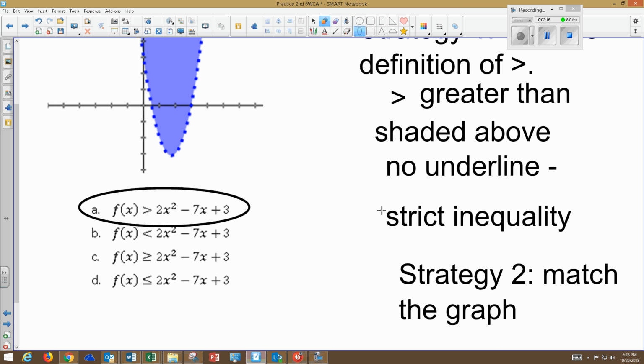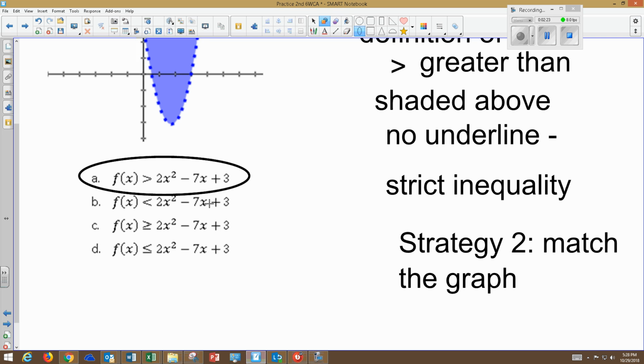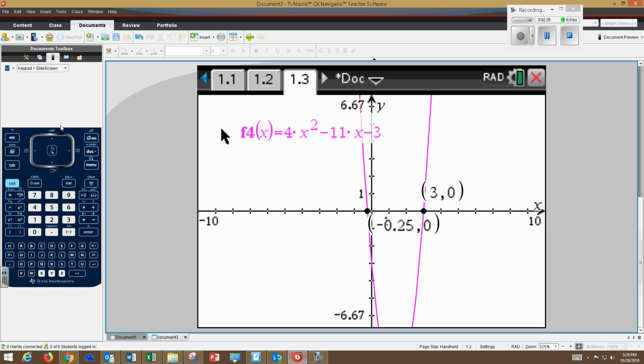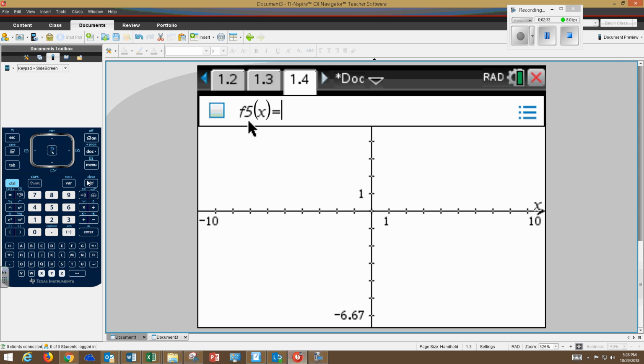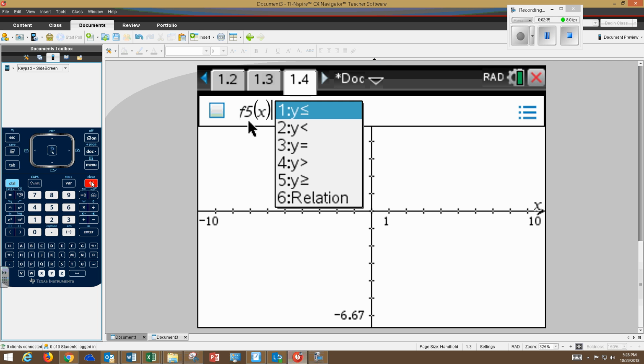But then another thing we could have done is just match the graph and graph all these. I'm just going to graph A and show how it looks the same as the graph. Remember, to graph an inequality, you have to get rid of the equal sign.